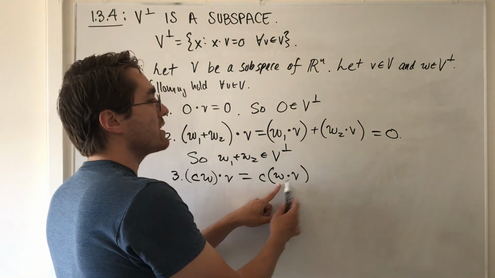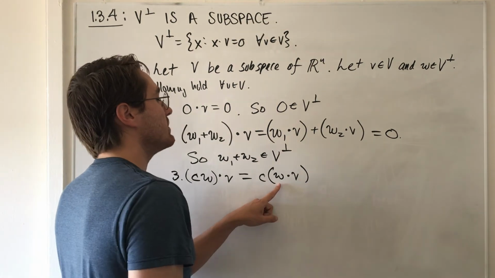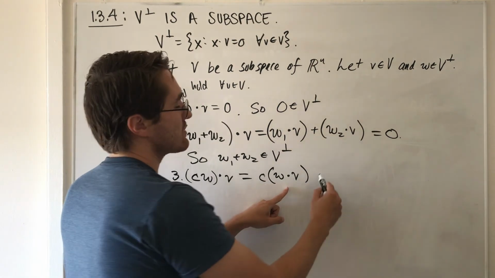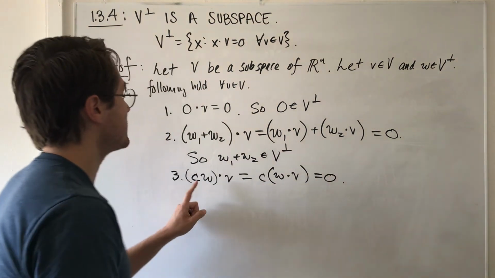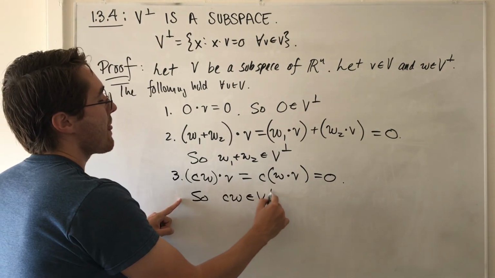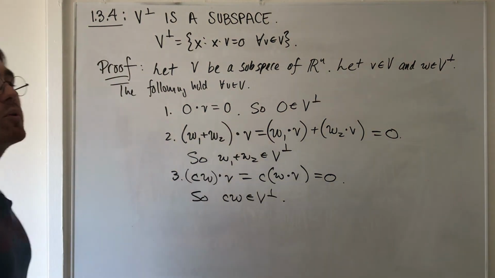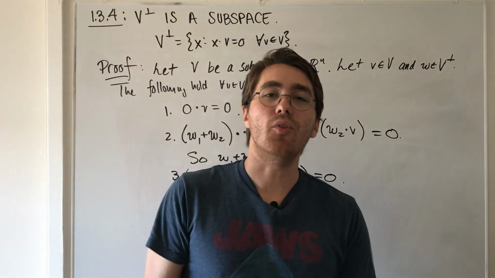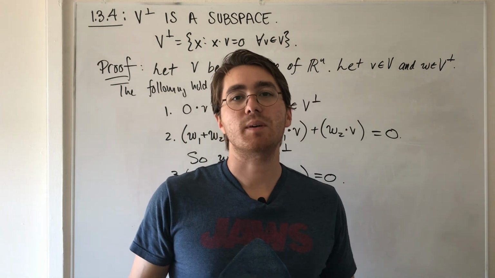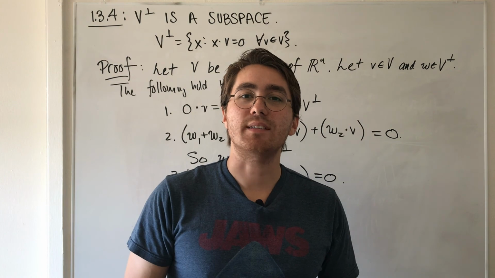And we already know that w was an element of V-perp, so this dot product with any element of V is 0, and c times that 0 is just going to give me 0. And so it means that this c w must have also been in my set. And I've established my three properties that I needed to show that it was a subspace. Hence, it's a subspace. All right, that's the proof. I'll see you next time, folks.